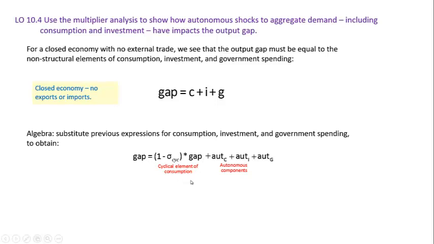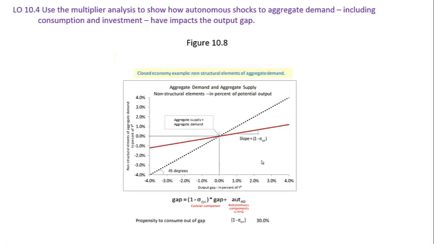So on the right-hand side, we have the cyclical element of consumption, and then also we have the three autonomous components to expenditures: consumption, investment, and government expenditures. And we're going to be combining those. Here is a graph. On the horizontal axis, we have the output gap in percentage of potential output, and you can see here we have 0.